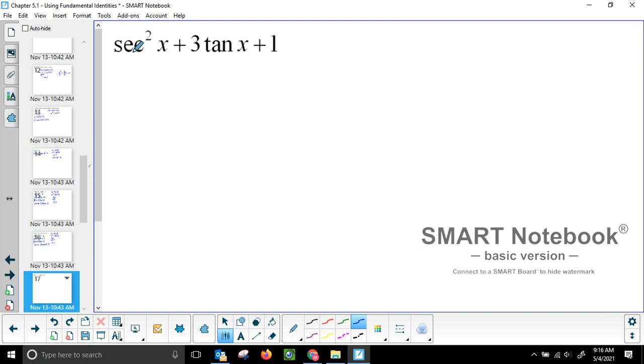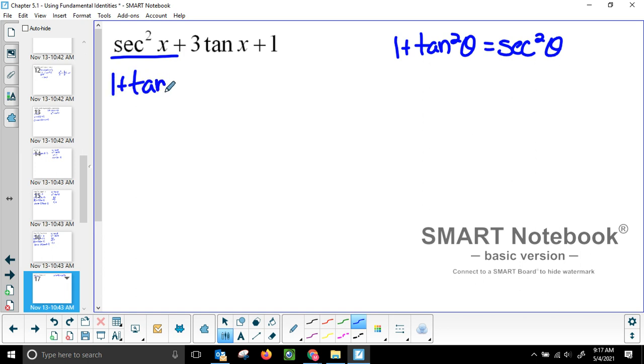Now, we have an identity that says 1 plus tangent squared theta is equal to secant squared theta. So wherever I see a secant squared, I can replace it with this. I can change secant squared x to 1 plus tan squared x.